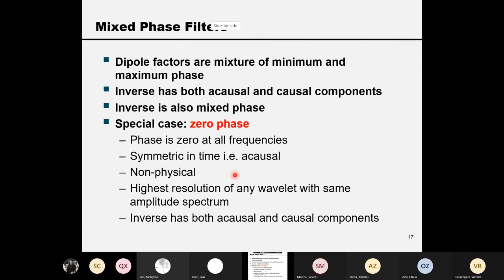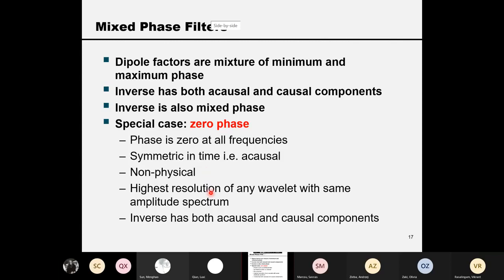Symmetrical in time means you have a peak in the middle, a gradually decaying amplitude in positive time, but you also have energy in the front. So this is acausal. You have energy before time zero, which means you have something recorded before your source is triggered. It's not physical. So this filter is non-physical, right?